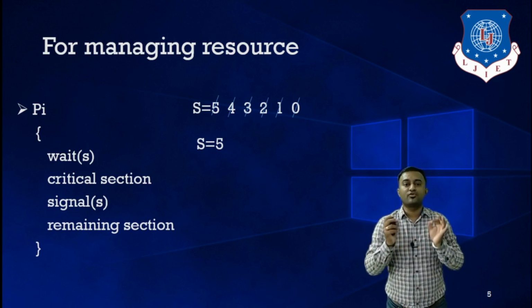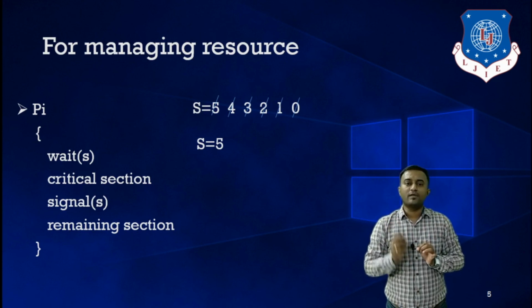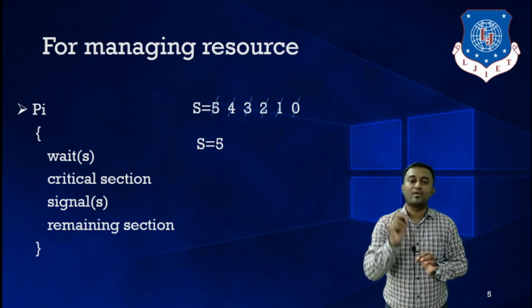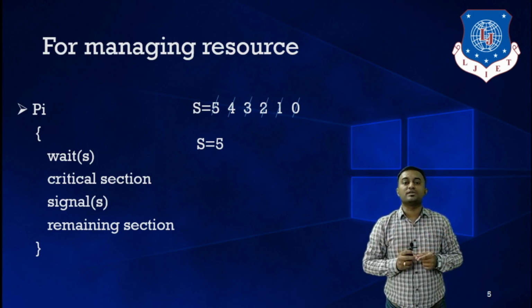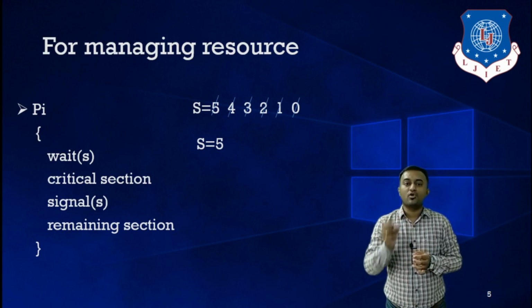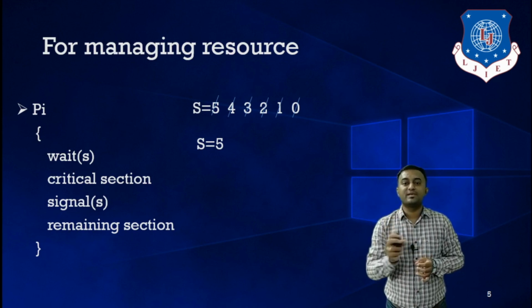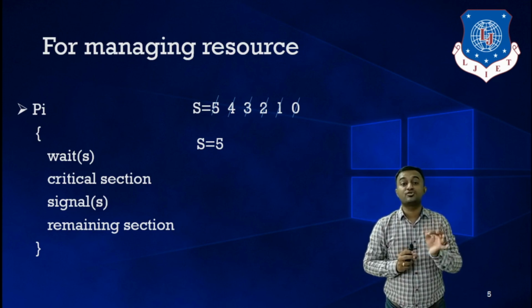But one thing you have to keep in mind: the number of processes that you want to execute among the various resources needs to be set as the initial value of the semaphore. This is very important.